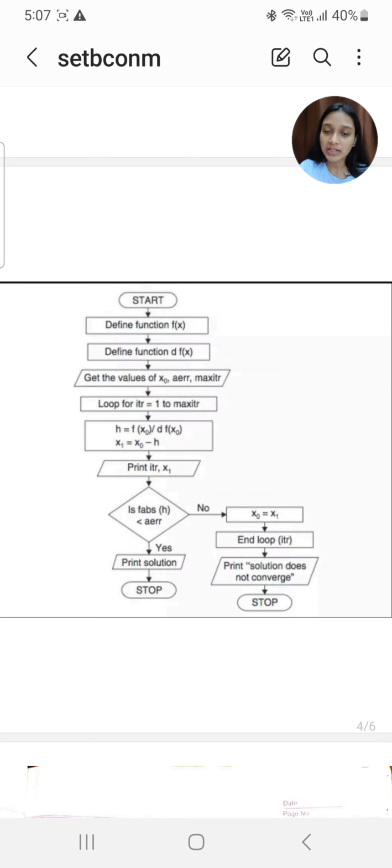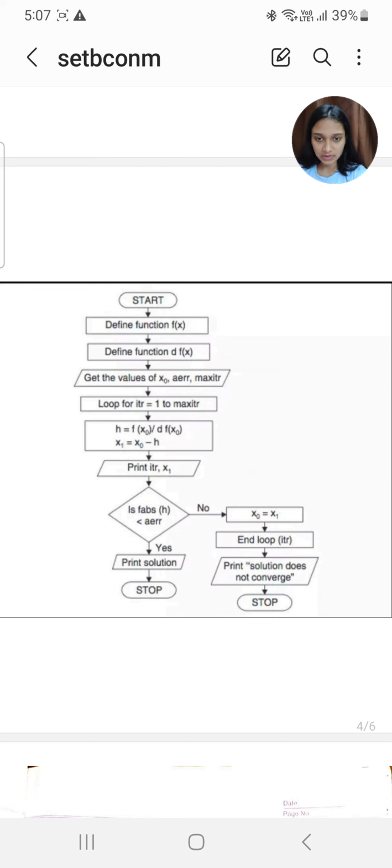In the next step we would find out the value for h, that would be f(x0) upon df(x0), and then we will subtract it from the value x0, that would be our x1. Now we would print the number of iterations and the x1.